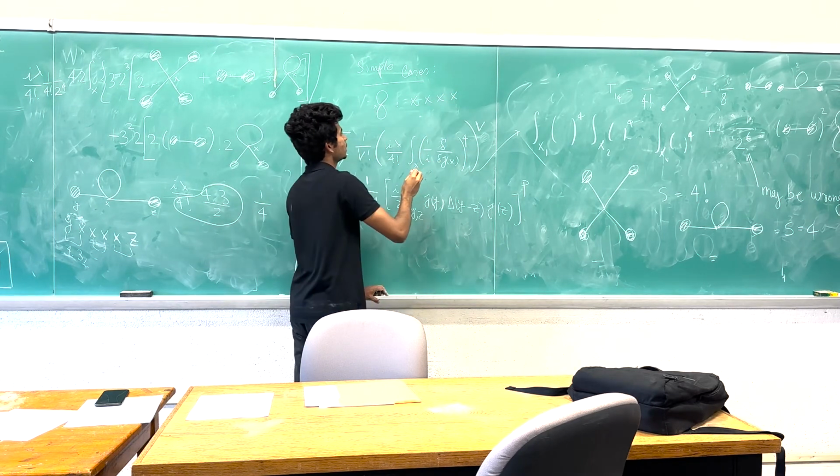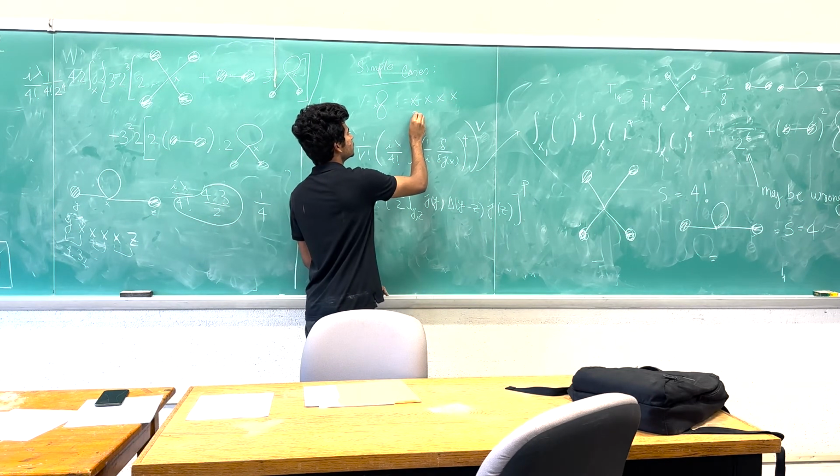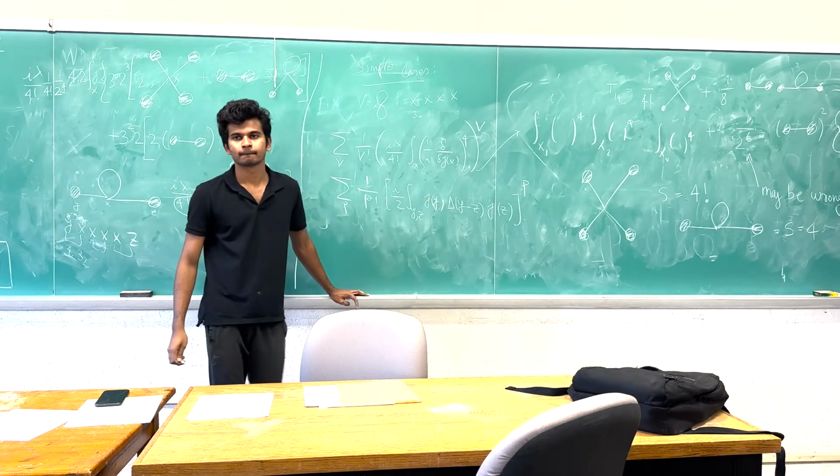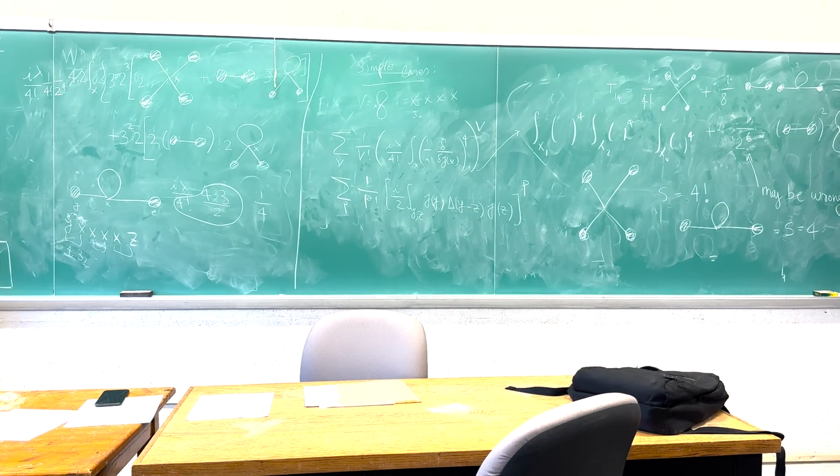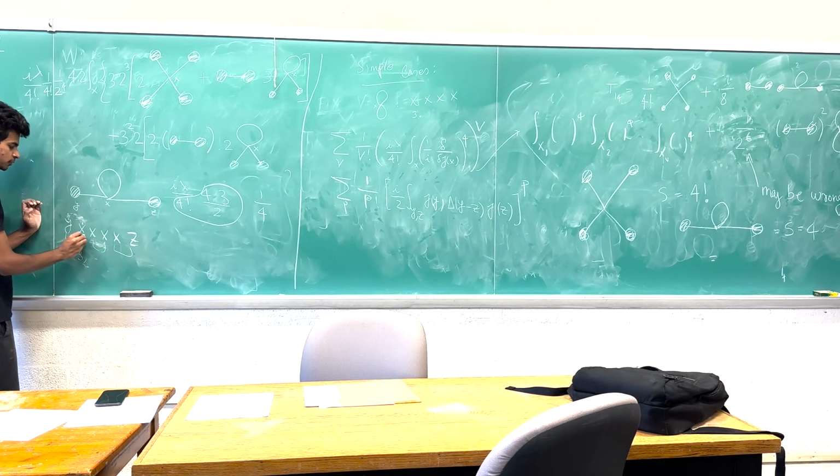There's one question. In the previous one, how did you get the 4x over there? I'm just tracing out the path. y goes to x, y goes to x, x goes to x, x goes to x.